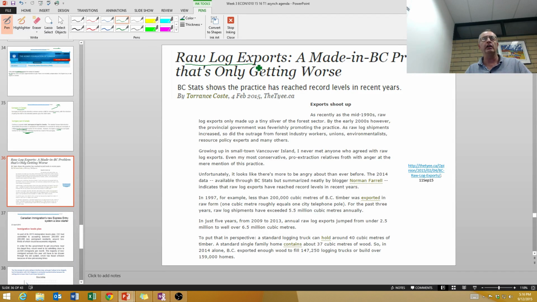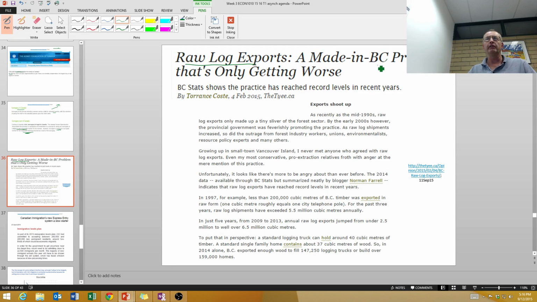BC has a forestry sector: chop down trees, saw them up into lumber. At the moment, companies don't have to turn the logs into lumber in BC. They can sell the logs to a sawmill in the United States, or they can sell logs to sawmills in China or Japan, and they ship them across the ocean and get milled overseas.